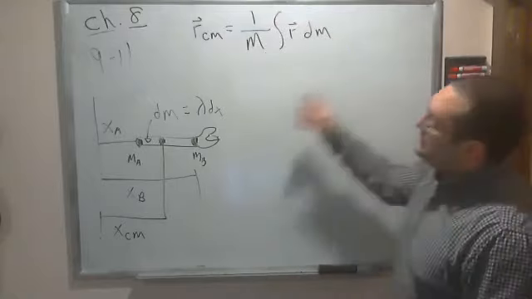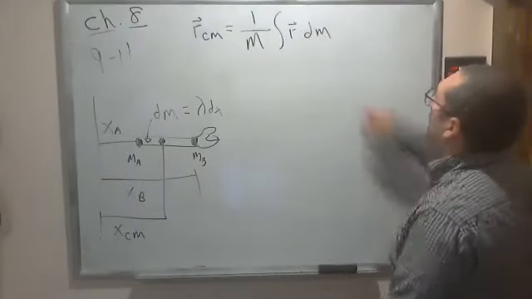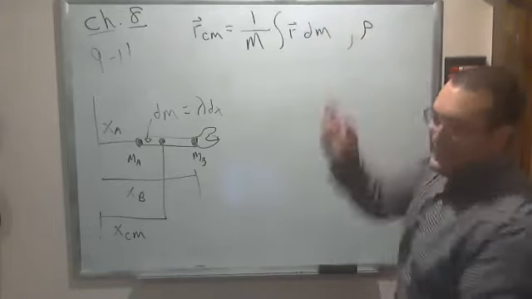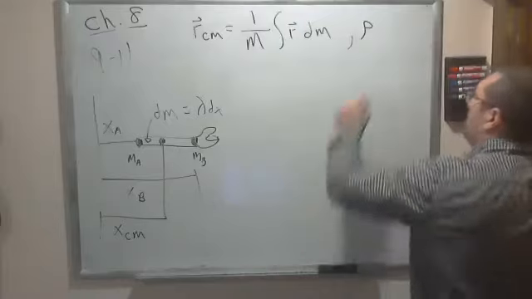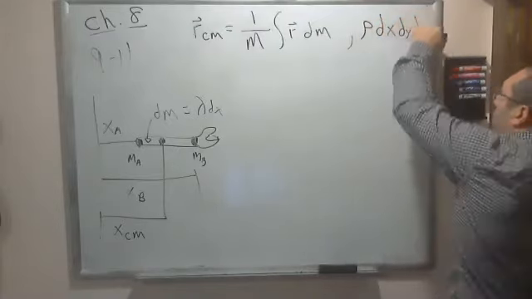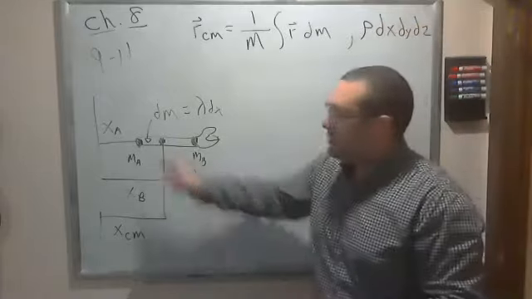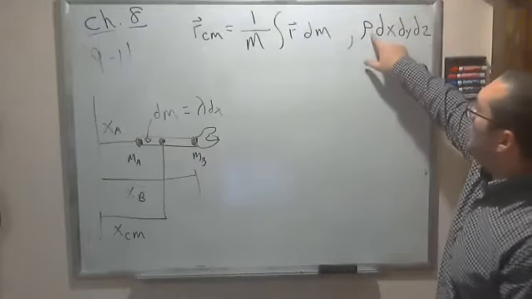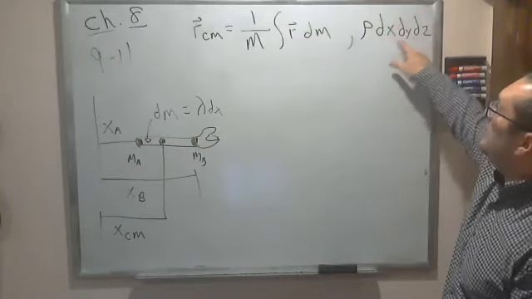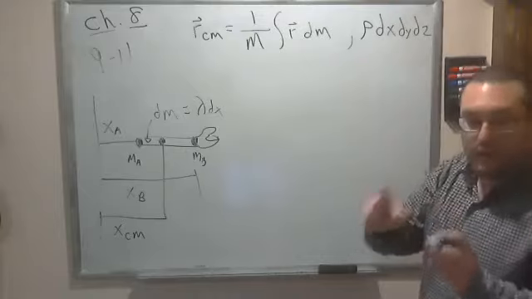Well, dm is the mass of each infinitesimally small object. And what this usually means is that it's the density of that object times the volume of that element over here. So it's just the rho times the cubic dimensions of that volume. Here we're dealing with the cubic volume element.